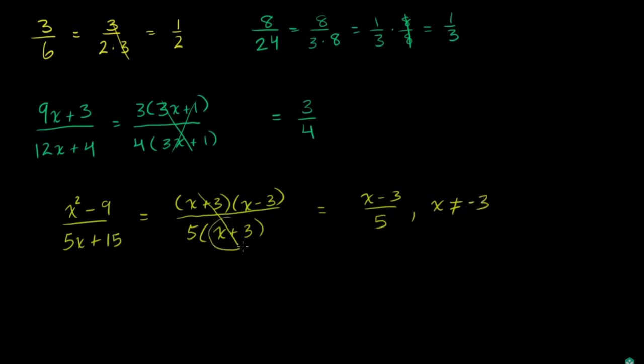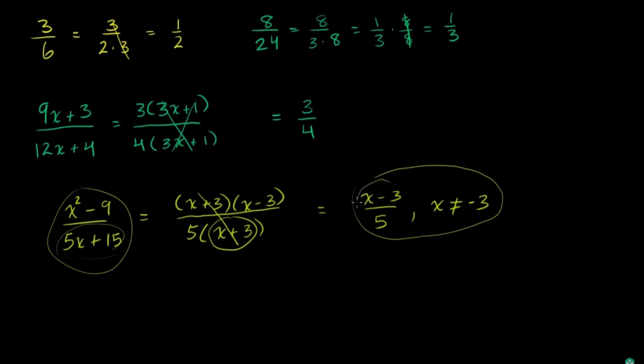Negative 3 would make this whole thing 0 in the denominator. So this and this whole thing are equivalent. This is not equivalent to this right here, because this is defined at x equal to negative 3, while this isn't defined at x equal to negative 3. So to make them the same, I also have to add the extra condition that x cannot equal negative 3.